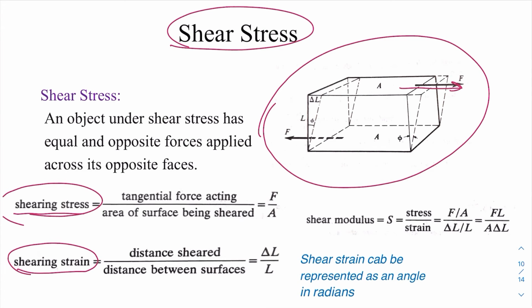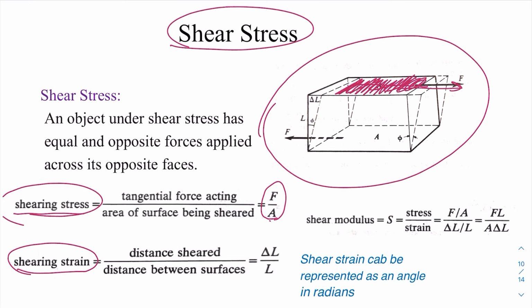So shearing stress, again, the definition is the same as in Young's modulus: force divided by surface area, the area that the force is applied to, and the force is tangent.